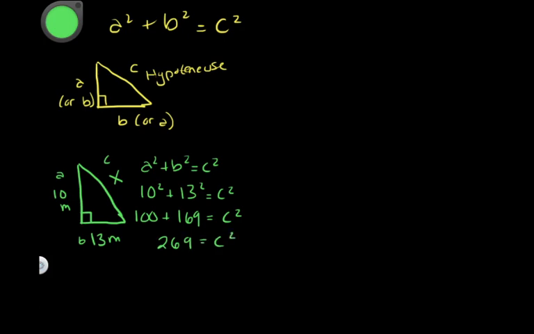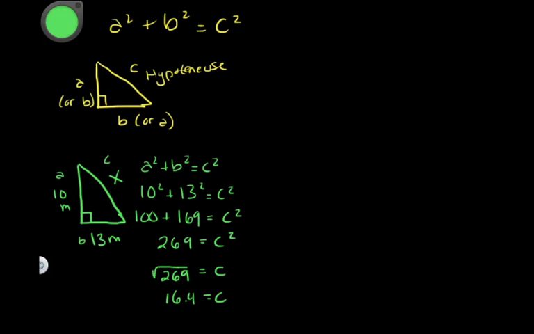Now, the opposite operation to squared is square root. So to get rid of this squared on our C, I have to square root both sides. So if I square root 269, the square root of 269 on your calculator is 16.4.